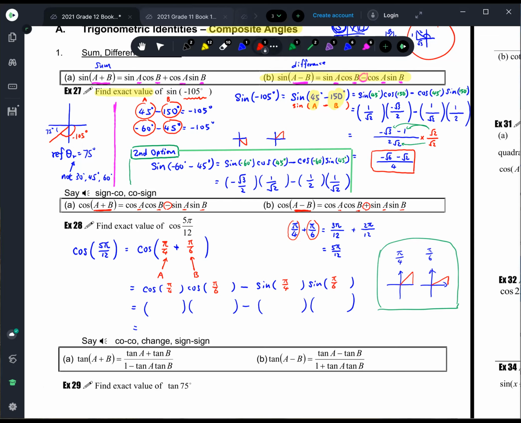Remember, pi means 180 degrees. So for pi over 6, we cut that 180 into 6 pieces. Pi over 4 means you split it into 4 pieces.